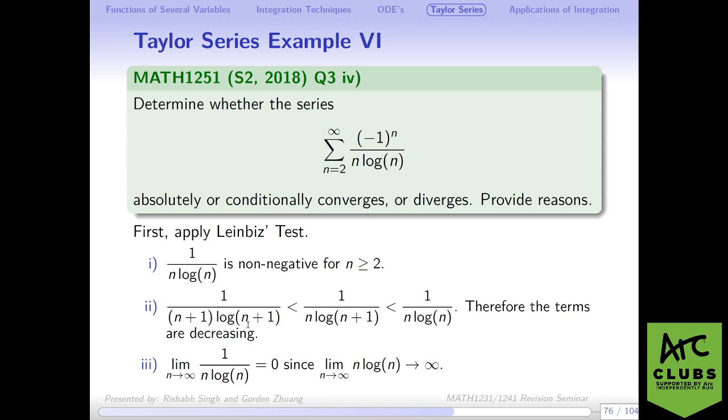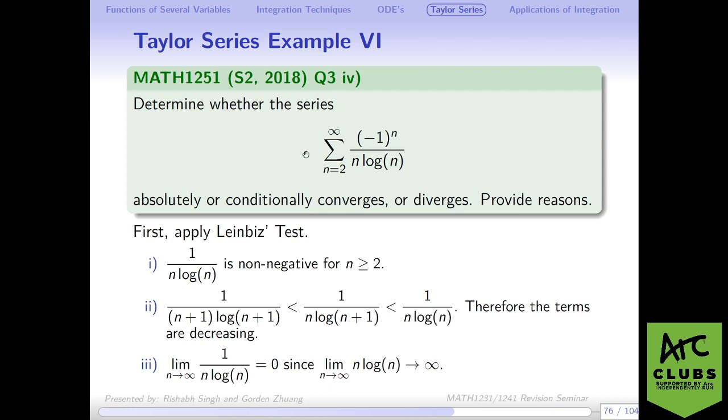And since these are both increasing in the denominator, that means they're decreasing. If we take it down from n plus 1 to n in the denominator, that will make the function bigger. So this just shows that this term is decreasing. And thirdly, if we take the limit, yes, this goes to 0. So it passes Leibniz's test. That means the series converges.